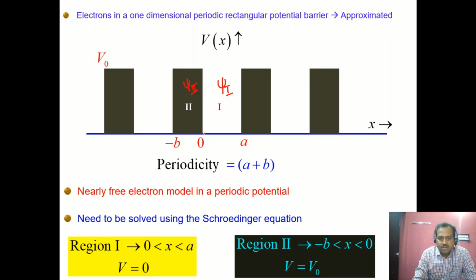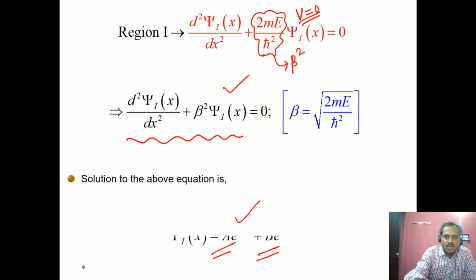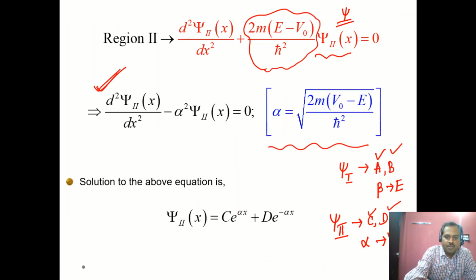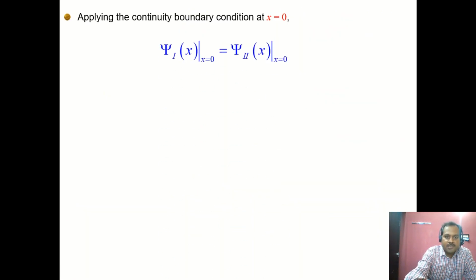Similarly, the first spatial derivative of psi 1 and psi 2 also will be the same at x equal to 0. Psi 1 must be equal to psi 2, and d psi 1 by dx also should be equal to d psi 2 by dx at x equal to 0. That is the first boundary condition. You can write it like this.